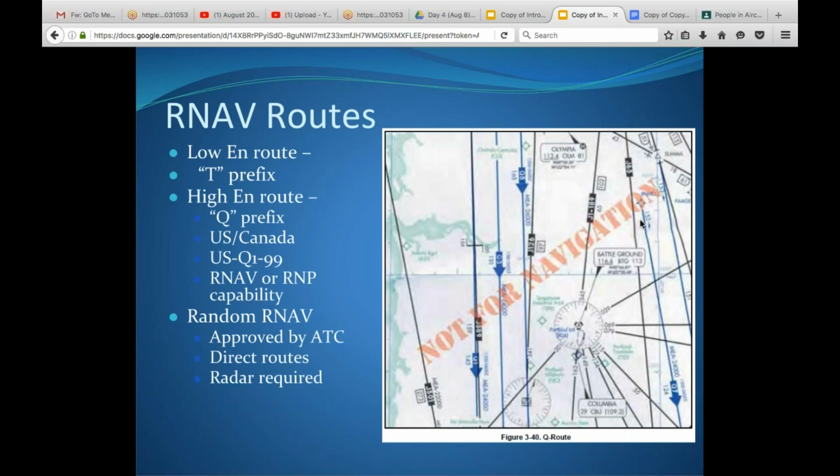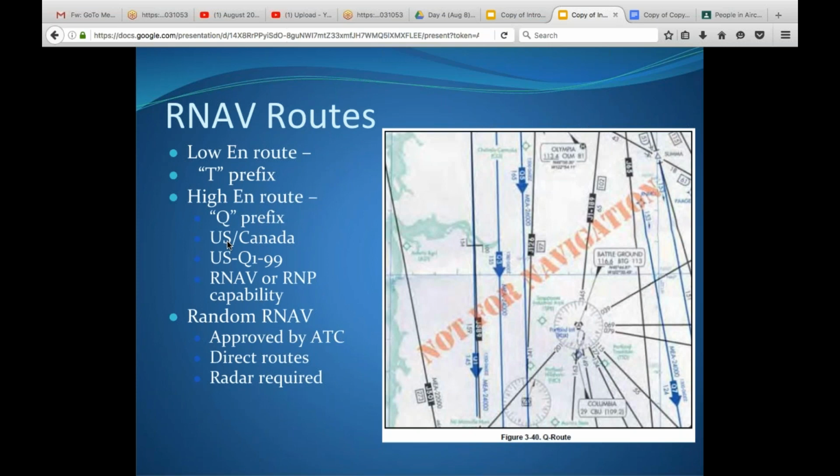So these RNAV routes, the lower ones are going to be T routes, and the high ones are going to be Q routes. Basically it's pretty much the same thing, but it's going to be RNAV. Everything's going to be based off of RNAV waypoints and using your GPS. Canada has done a really good job of using these, and they forked over the money a long time ago to make sure that their ATC system was a little more updated than ours.